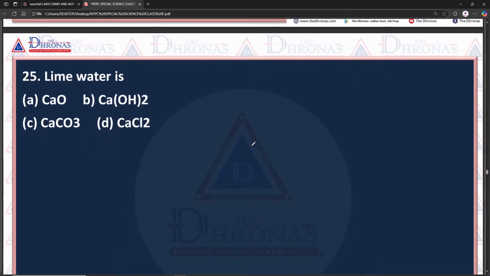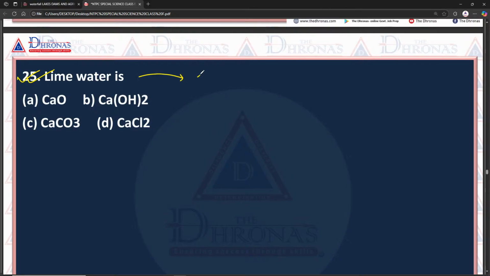Next is 25, lime water. Which of the following is the chemical formula of lime water?